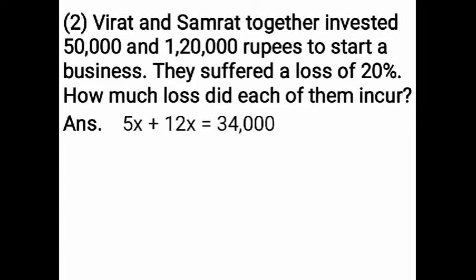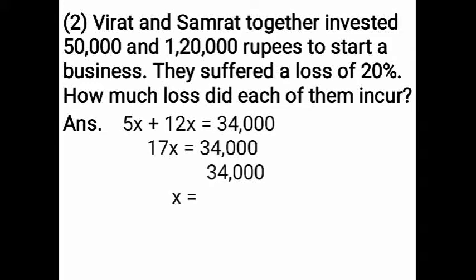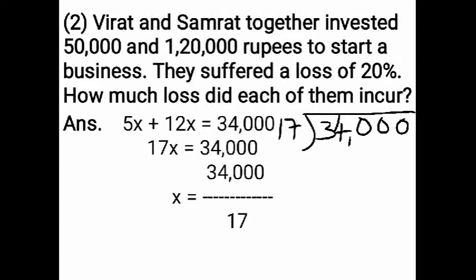Add this 5x plus 12x, 17x. 17x is equal to 34,000. You have to divide 34,000 by 17. Let's start dividing. Divide the number 34,000 by 17. 17 twos are 34. 34 minus 34, 0.